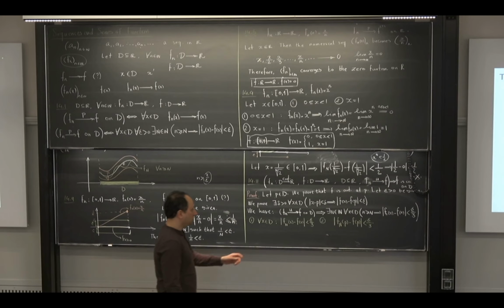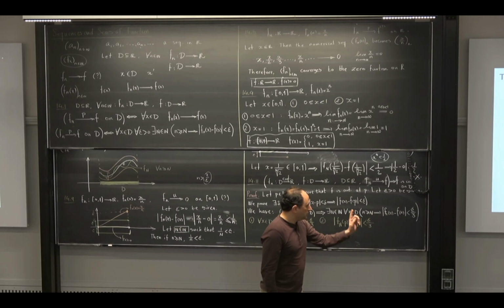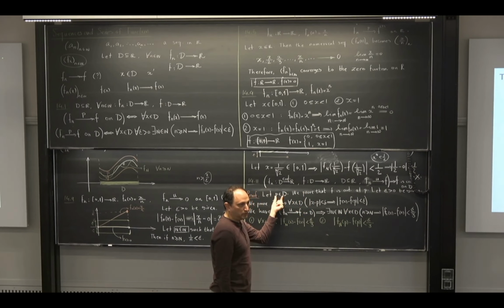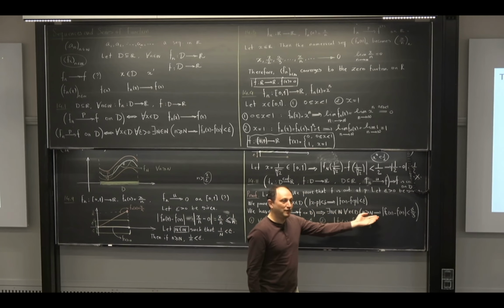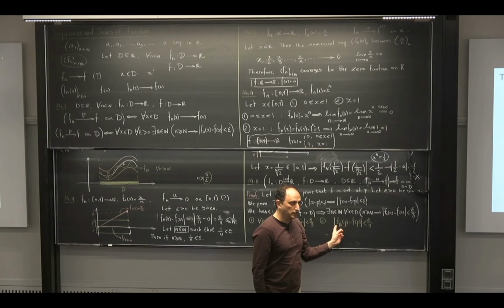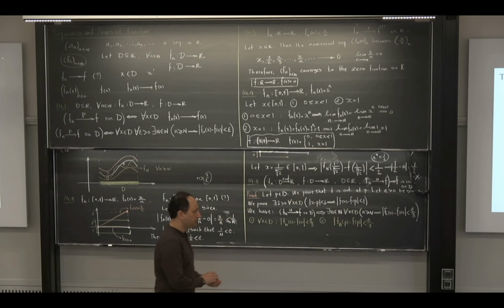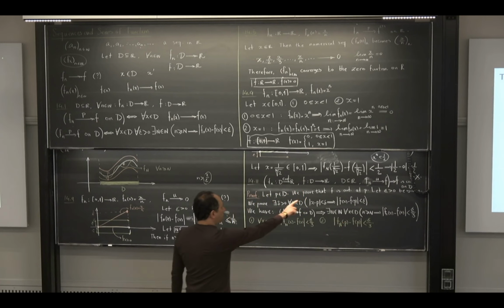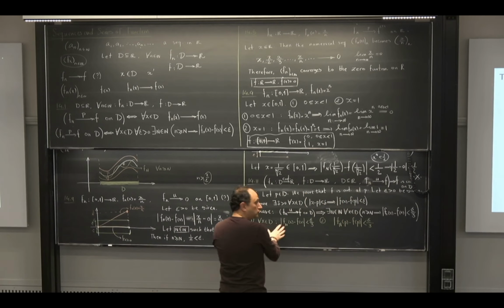Yes, because this implication is true for n's greater than or equal to capital N, including N, and for every x in D. But p is one of the elements of D. So if it works for every element in D, it also works for p. Is that right? So these are 2 consequences I got. I have used this piece of information and I got 2 results.